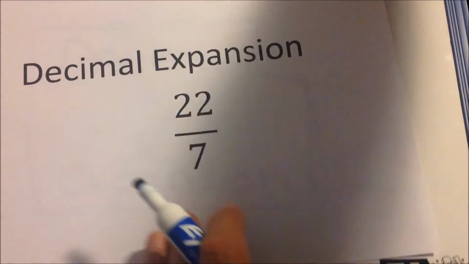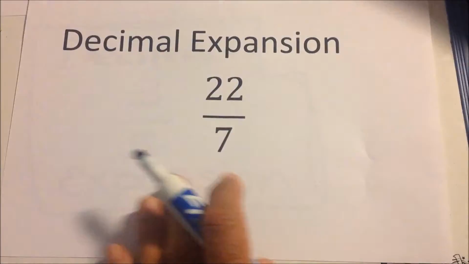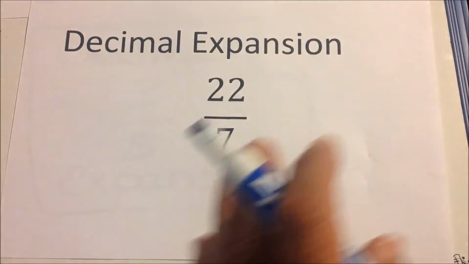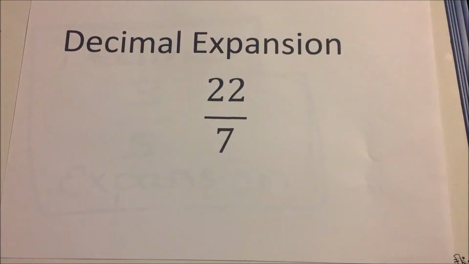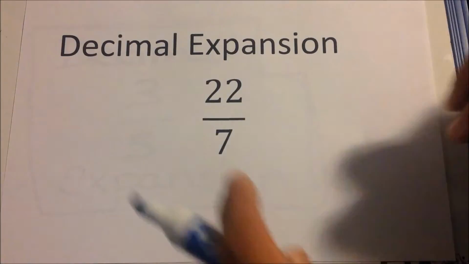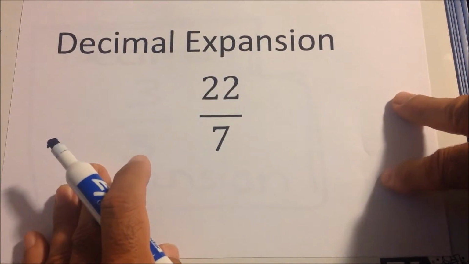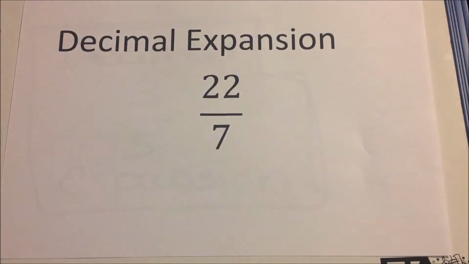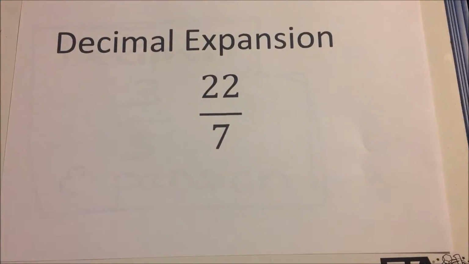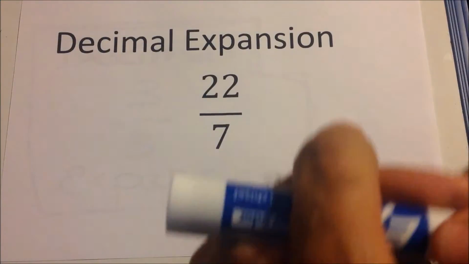Try this one. So here we have a decimal expansion. Try that. By the way, you should be familiar with this fraction. If you're familiar with this number, you know that we use this number mostly in lower grades to denote pi.